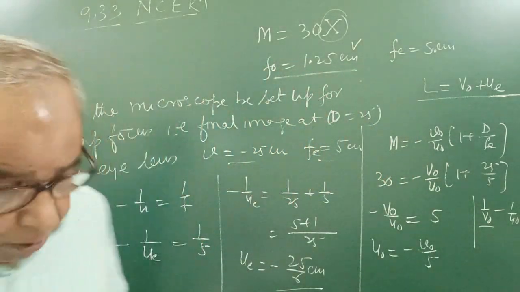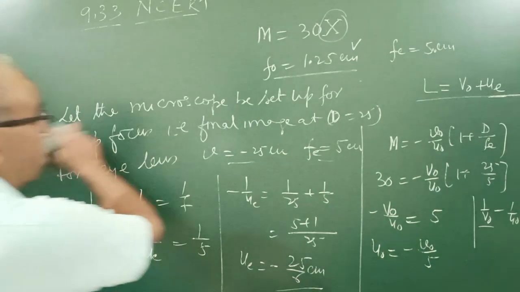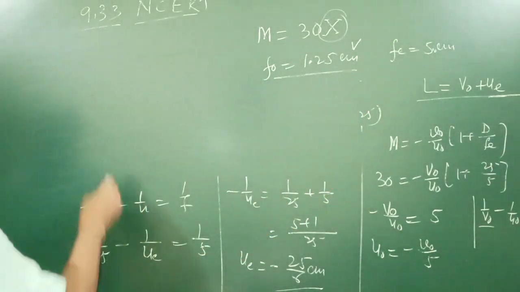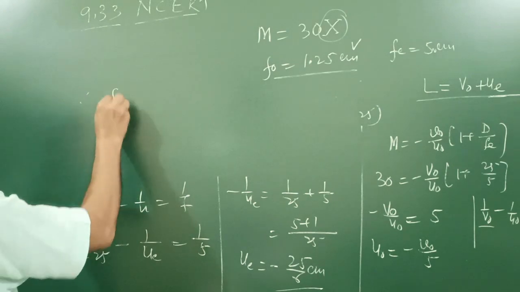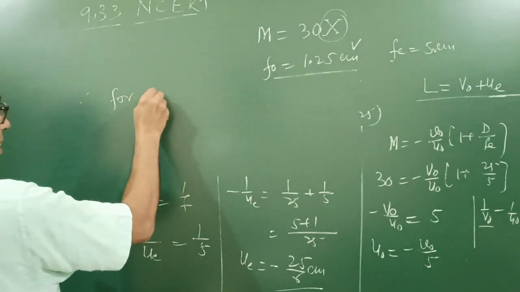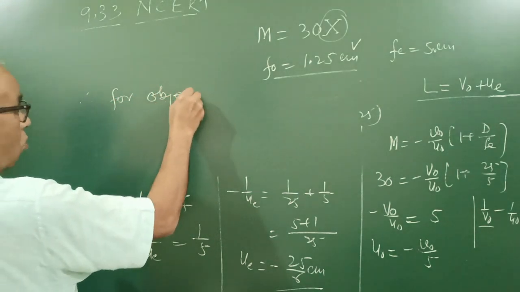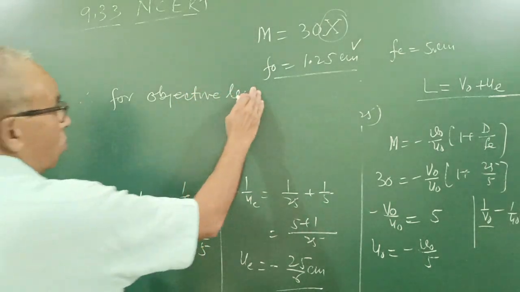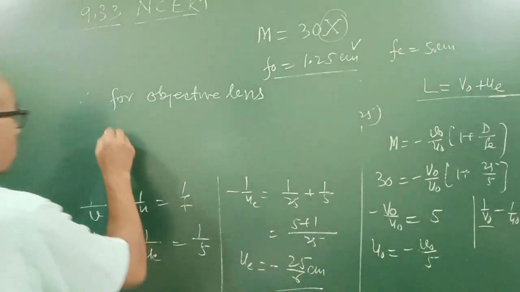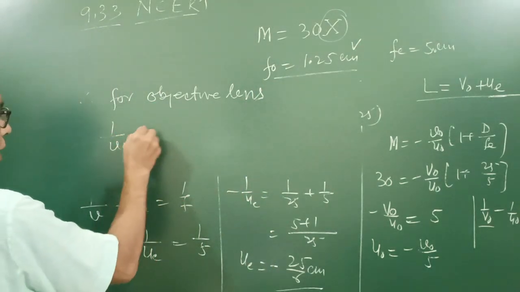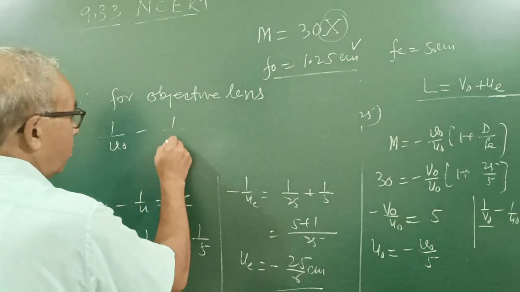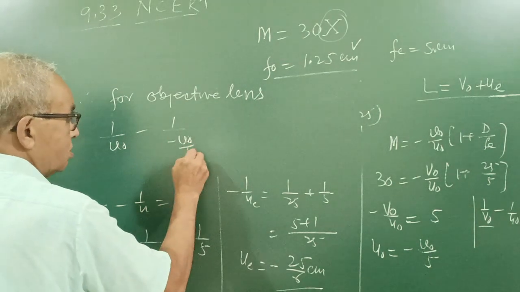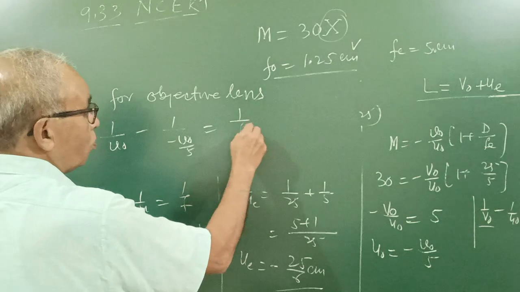And therefore, using the lens equation for the objective lens: 1 upon VO minus 1 upon minus VO over 5 is equal to 1 upon 1.25.